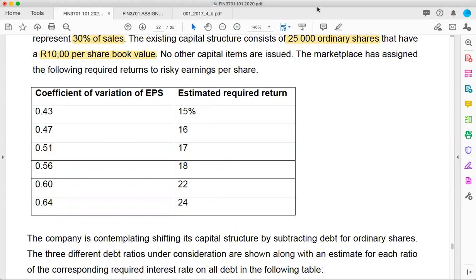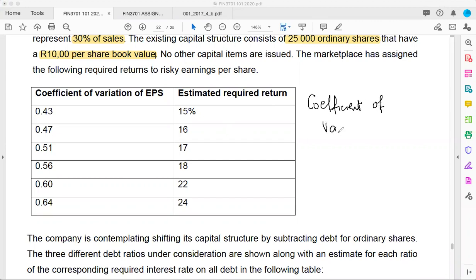Remember from your previous studies, if you still remember FIN3601, the coefficient of variation is equal to the standard deviation of returns divided by the expected return.